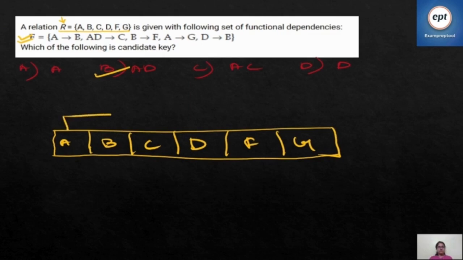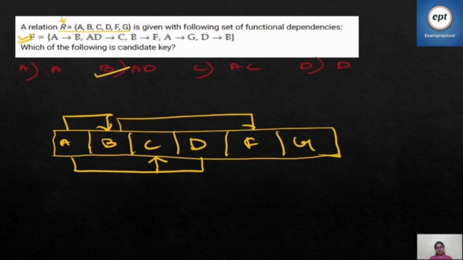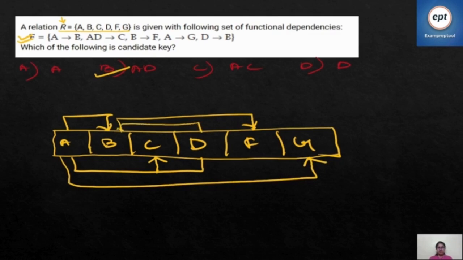A is deriving B, so B will have an arrow. A and D are deriving C, so C will have an arrow. B is deriving F, so F will have an arrow. A is deriving G, so G will have an arrow. D is deriving B, so B will have an arrow.